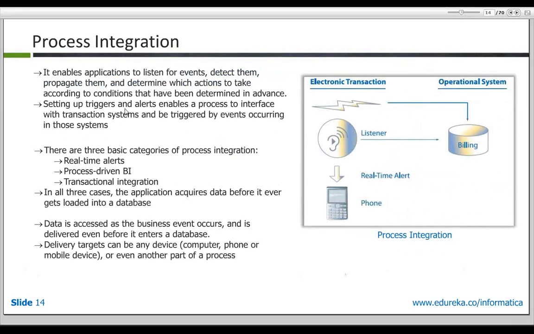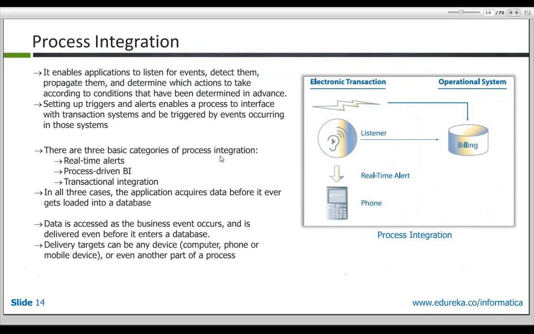Process integration. Okay, so now you see here there are three basic categories of process integrations: real-time alerts, process-driven BI, or the transactional integrations. So in all these three cases, you have to interact with the different processes.